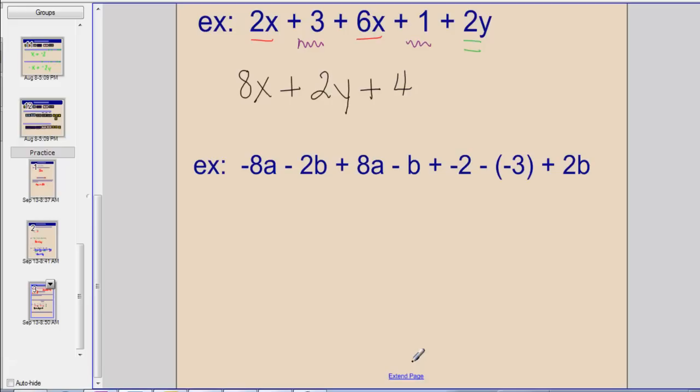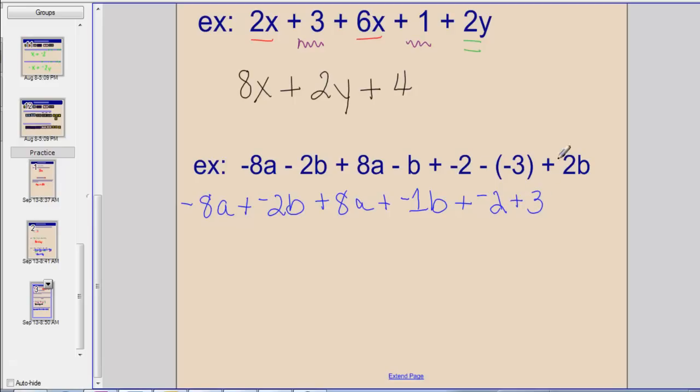Now let's look at the next problem. Now here we're going to want to write everything using addition before we get started. So I'm going to rewrite this as negative 8a plus negative 2b plus 8a plus negative, and you can write negative 1b if it helps you, or you can write negative b because it's the same thing, plus negative 2 plus 3, minus a negative is plus a positive, plus 2b.